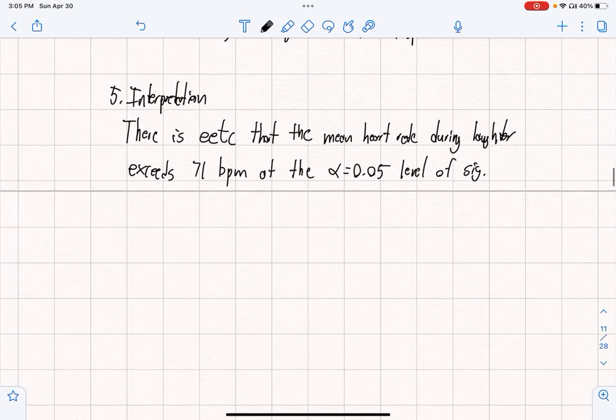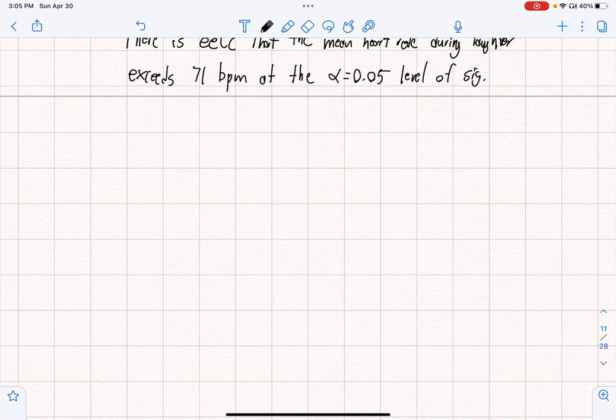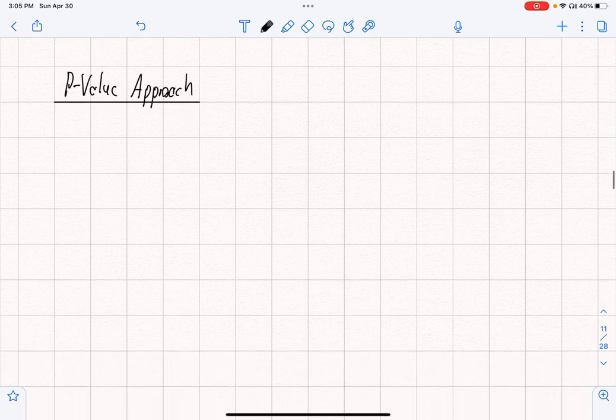Okay, but like I said, we want to do both ways. Let's practice the p-value approach. Actually, steps 1 and 2 are going to be the same.